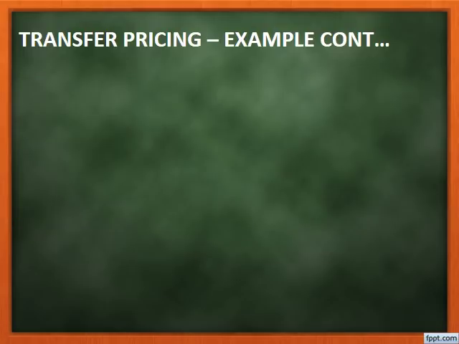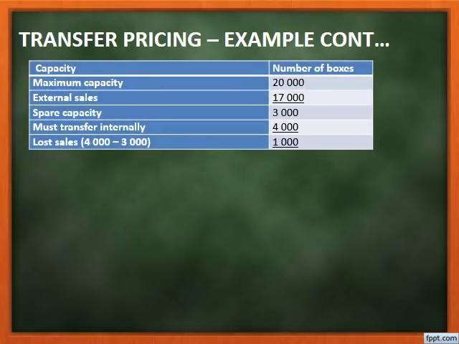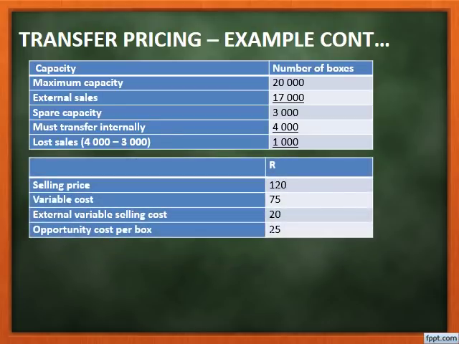To calculate the opportunity cost, we need to calculate the lost sales. Therefore, we need to take into consideration the maximum capacity, our external sales, what is our spare capacity, and what needs to be transferred internally. If we do the calculation, there will be lost sales of 1,000 boxes. The opportunity cost is calculated as follows. Your selling price is 120 Rand. Variable cost that we've calculated in the previous slide was 75.